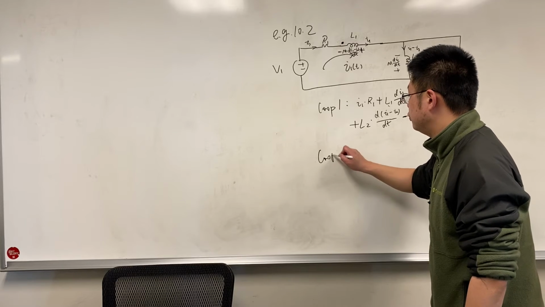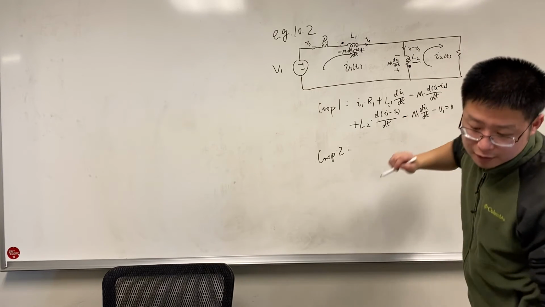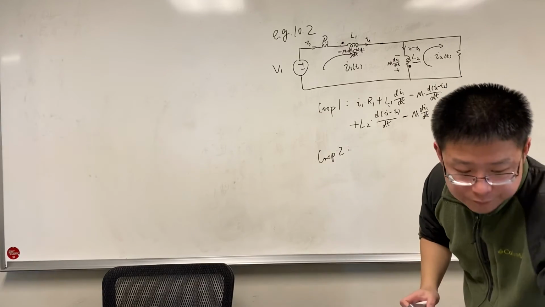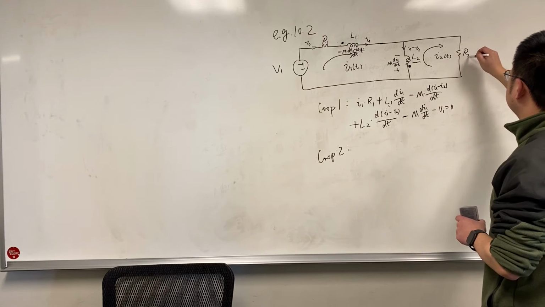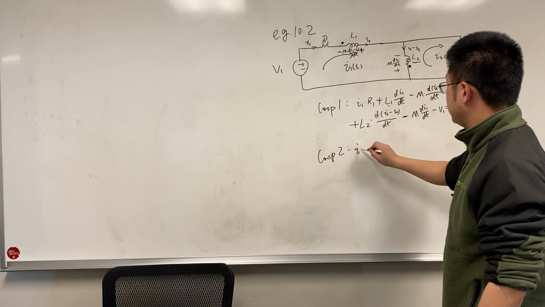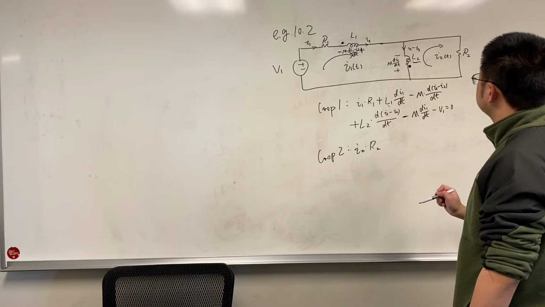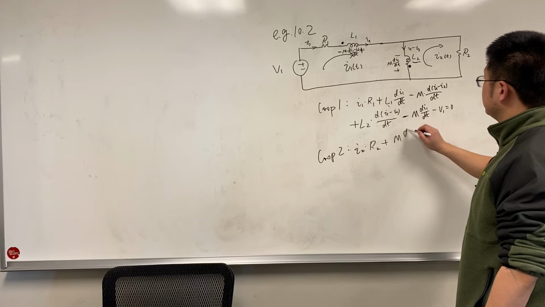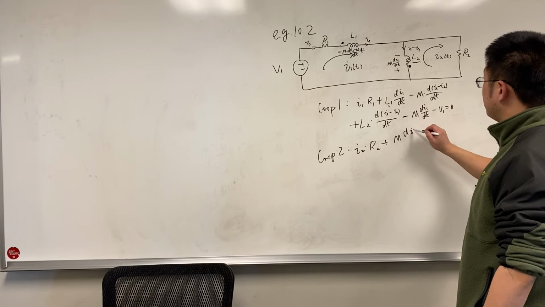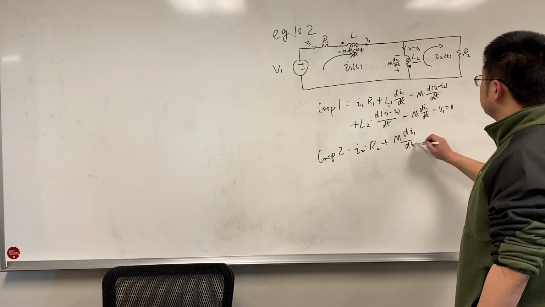For loop 2, we have this. This is R2. So we have I2 times R2 plus M dI1/dt.